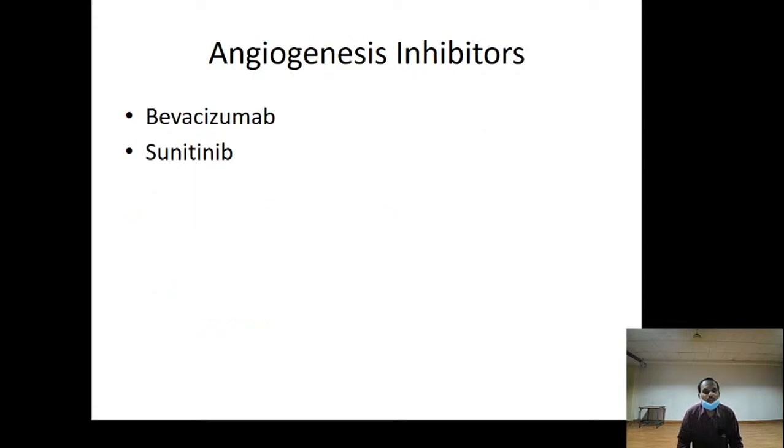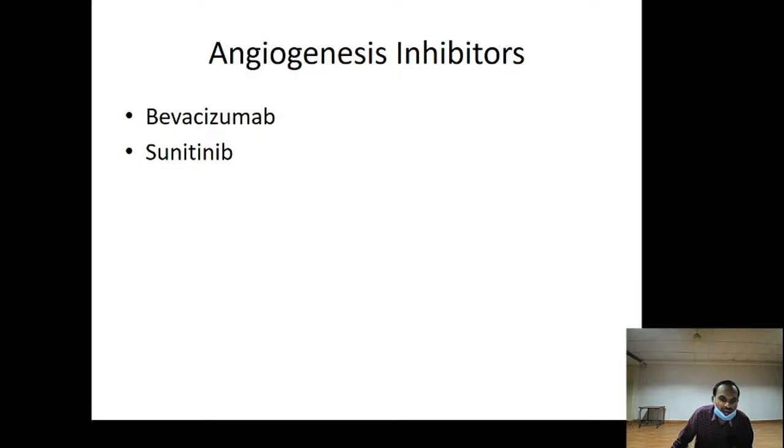Now we go to angiogenesis inhibitors, because we know that malignancy cannot thrive unless there is blood supply. Many malignancies first form new blood vessels, and only then does the rate of proliferation increase. So angiogenesis is an important aspect of malignancies. Now we target angiogenesis by using angiogenesis inhibitors in the treatment of malignancies, such as bevacizumab and sunitinib. There is a small difference between the two.